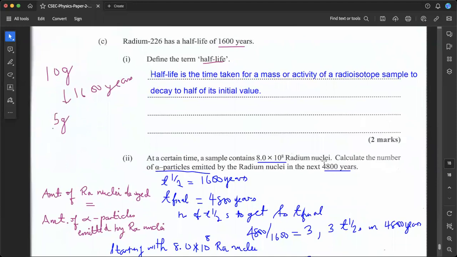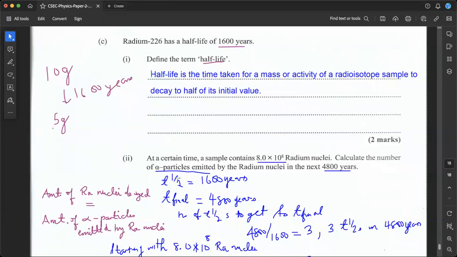So that's our radium-226, what we started with initially. And they're asking us to calculate the number of alpha particles emitted by the radium nuclei in the next 4,800 years. So remember from up here, the half-life is 1600 years.